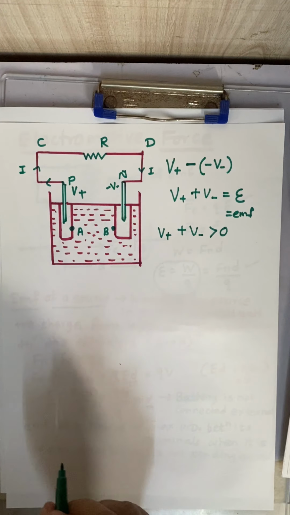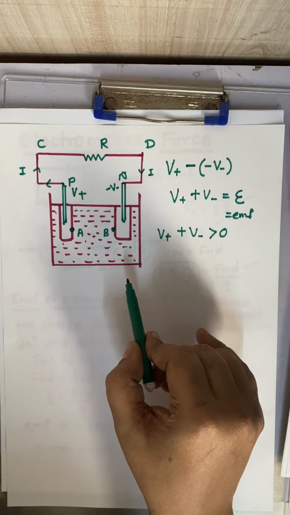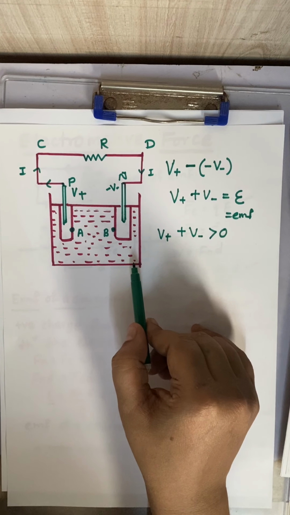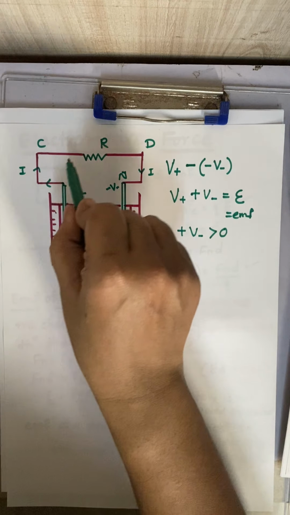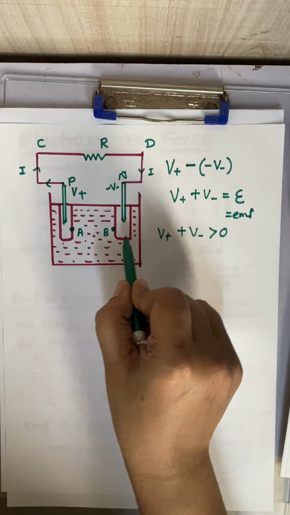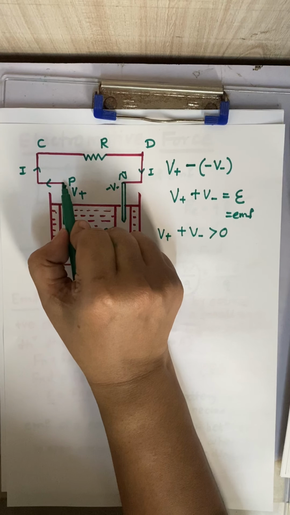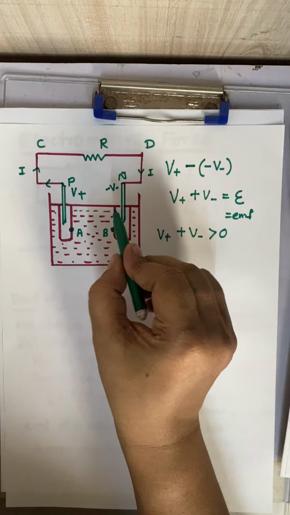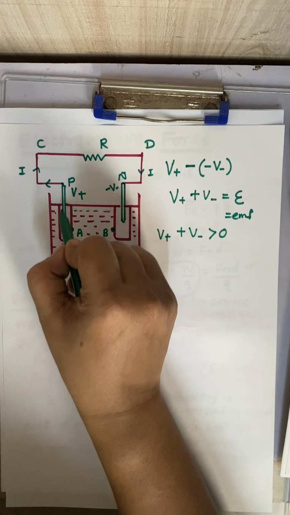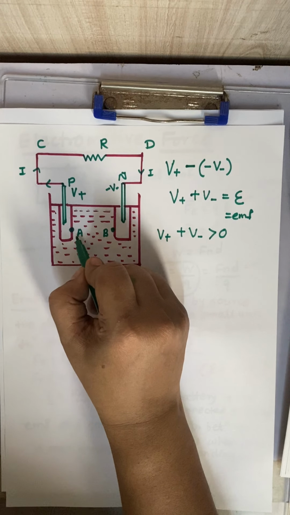Now when the circuit is closed, the energy supplied by the source in moving a unit charge once around the complete circuit is called the EMF. We said the positive charge is taken from here to here, but that positive charge has to go completely once round the circuit, through the electrolyte from B to A also.